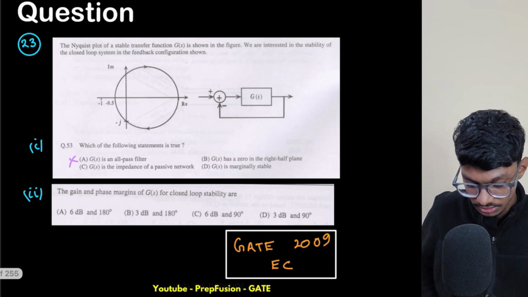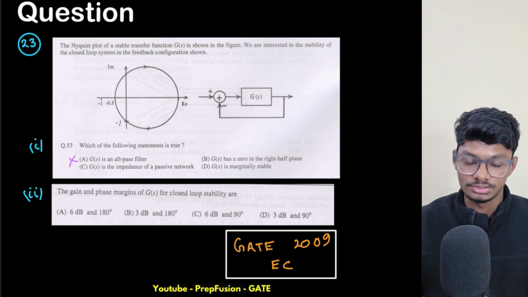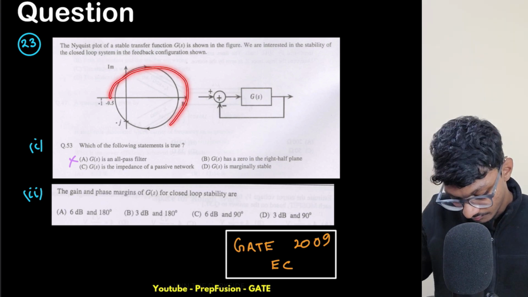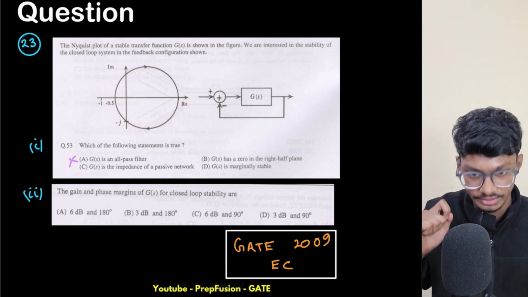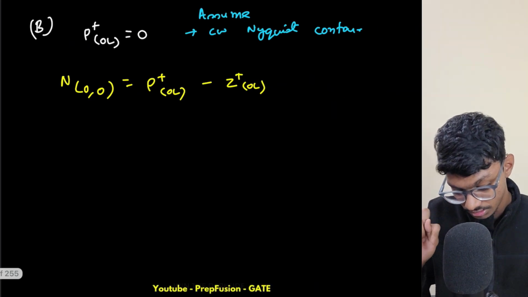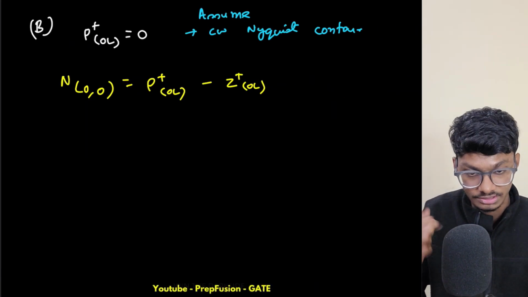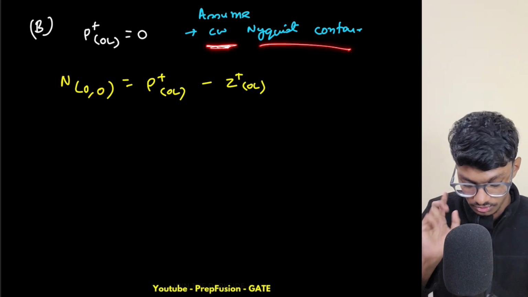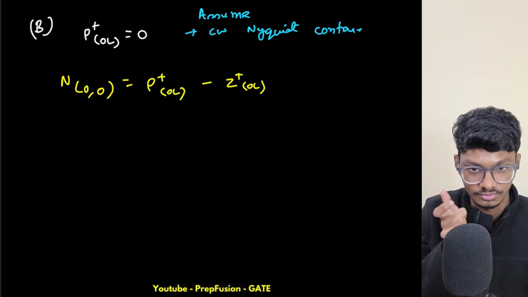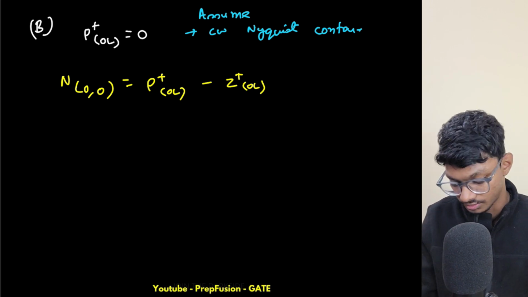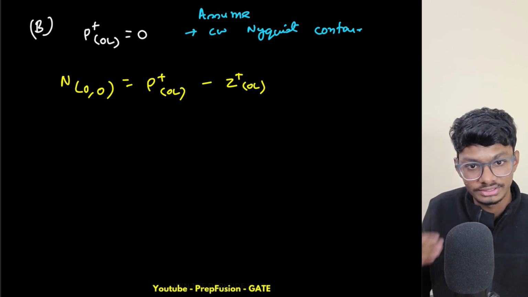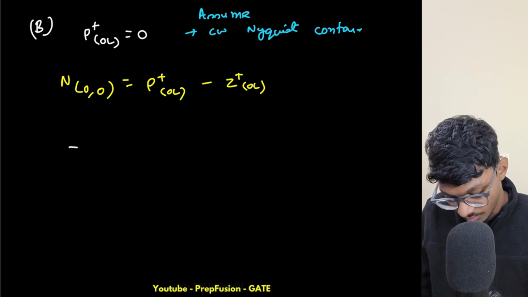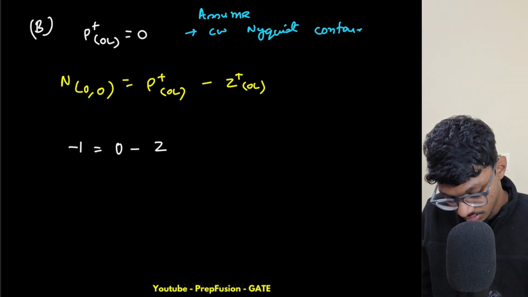If we're assuming this, then what does this mean? This means that we have one encirclement around the origin in the clockwise direction. So N equals 1 in the clockwise direction, but obviously this should be in the anti-clockwise direction, the opposite of the Nyquist contour. So it is minus 1 in the clockwise direction, because I'm expecting anti-clockwise as the positive direction. So this will be minus 1 equals 0 minus Z plus OL.